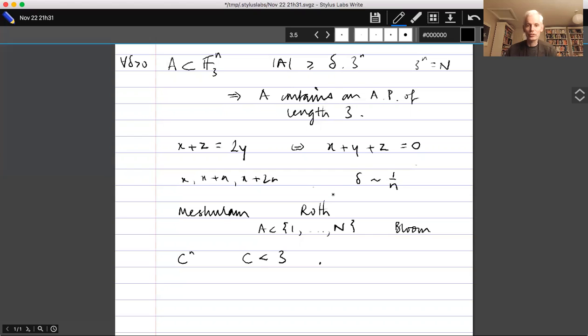A set that doesn't contain an arithmetic progression of length 3 was, for reasons that I can never remember, known as a cap set.